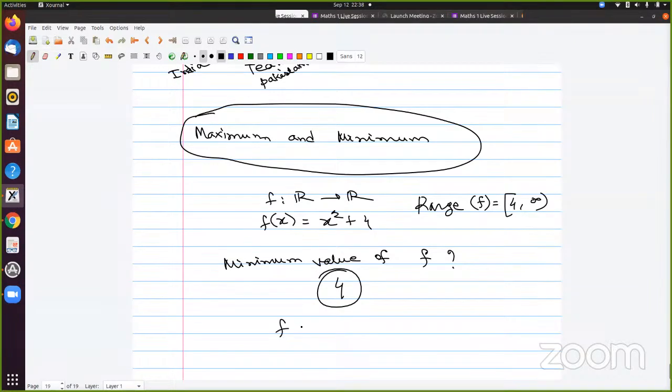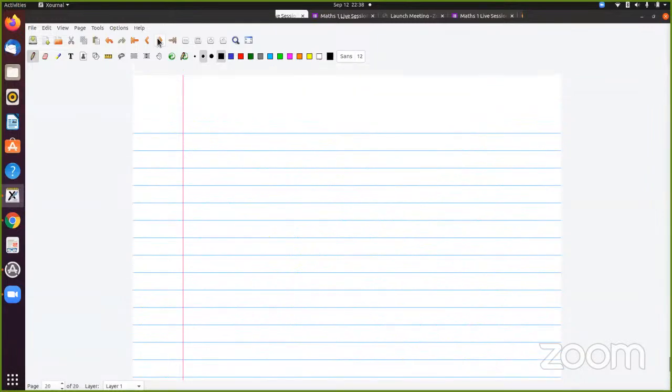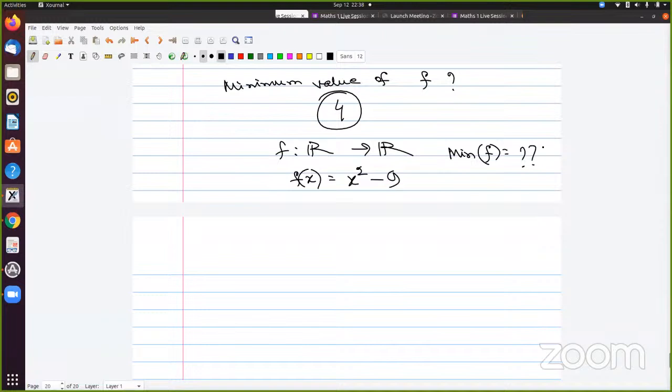So suppose I am giving you another example. f(x) is say x square minus 9. What is the minimum value of this function? Minus 9. Is it clear? Okay. Now suppose let us complicate it a little bit more.